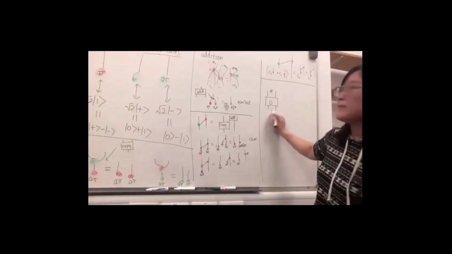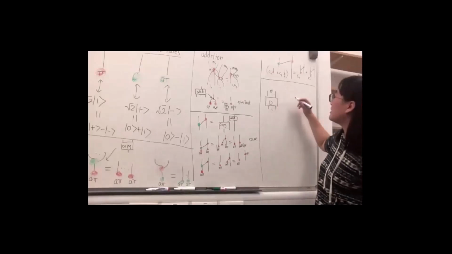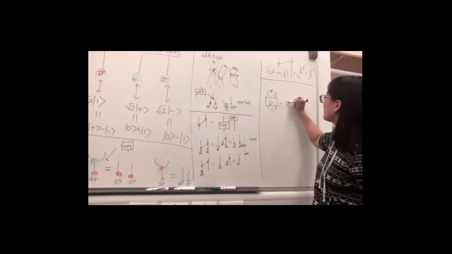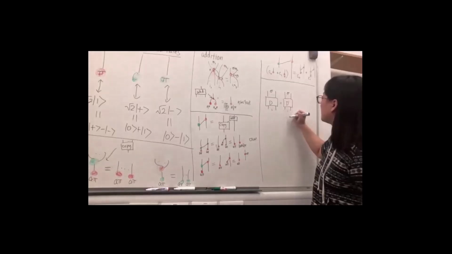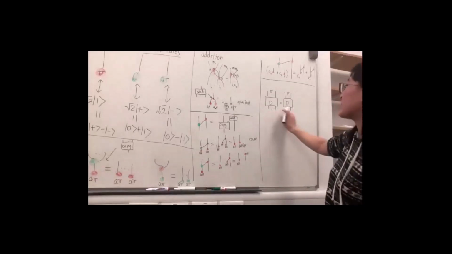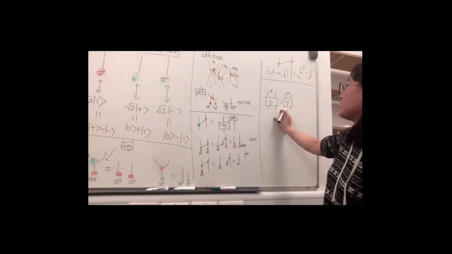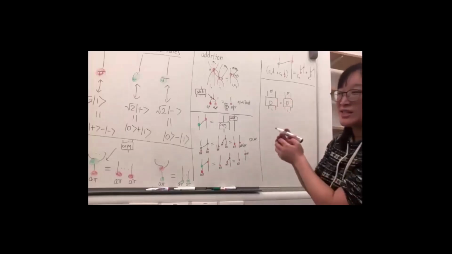So let's say you've got I inputs and O outputs. We say that these two diagrams are equal if and only if they interpret to the same matrix.